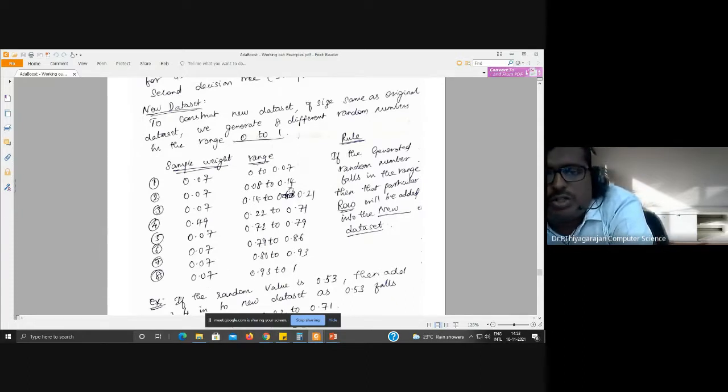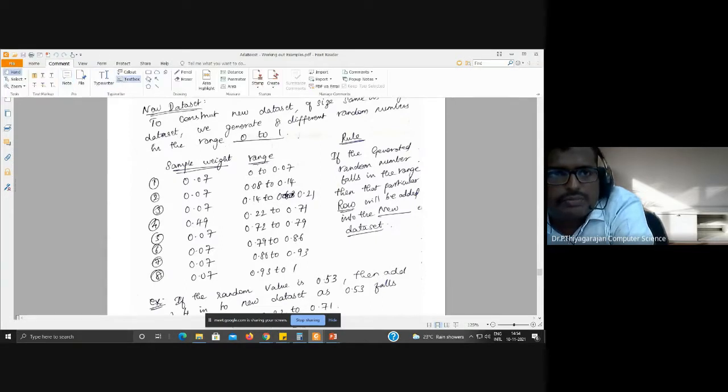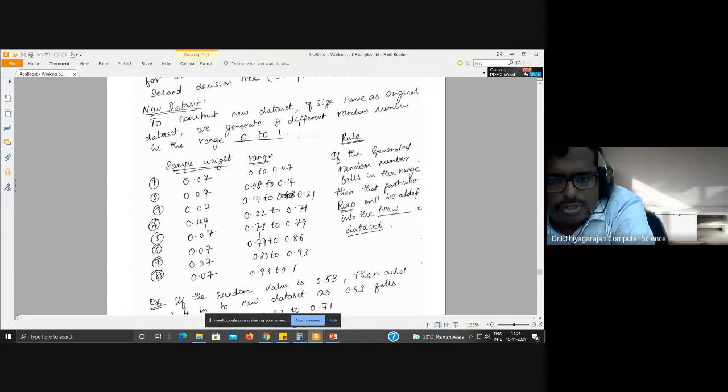The first row range is 0 to 0.07, the second row range is 0.08 to 0.14, and the third row range will be 0.15 to 0.21, and the fourth row will be 0.22 to 0.71, and the fifth row will be 0.72 to 0.79, and here it will be 0.80. I mistakenly wrote 0.78. It will be 0.80 to 0.86, and it should be this. It should be 0.80, right?